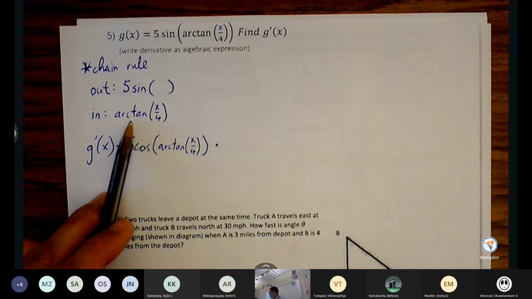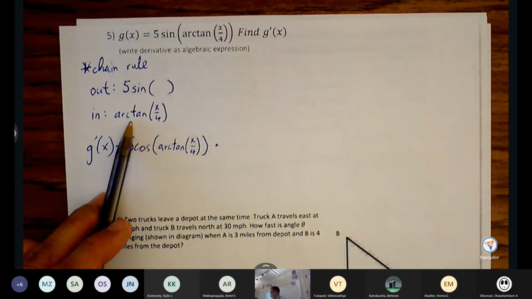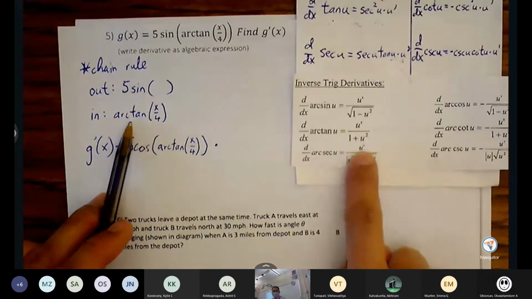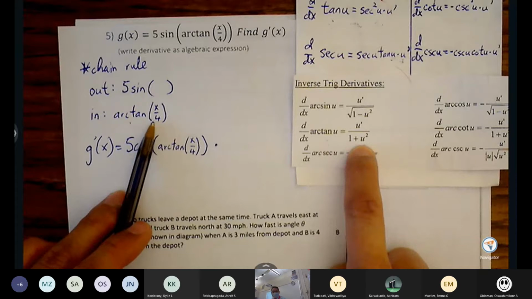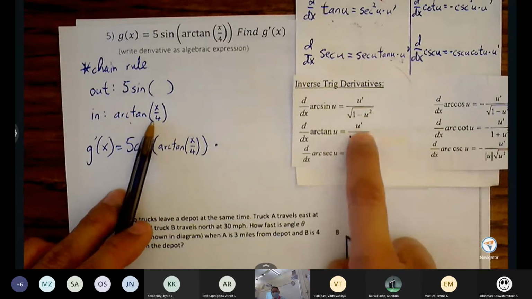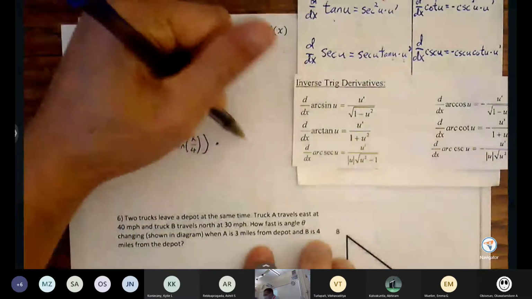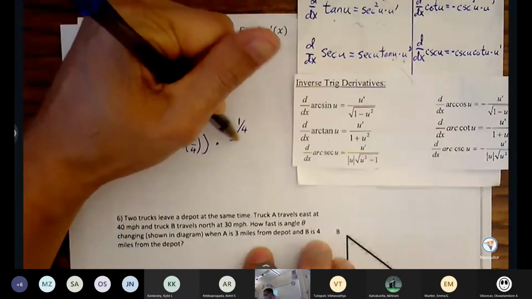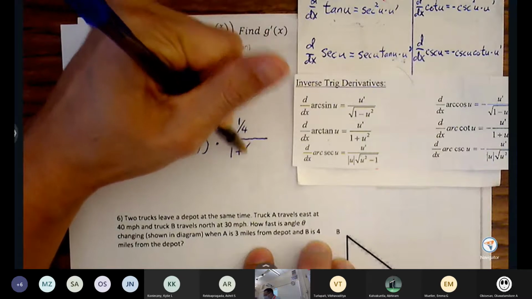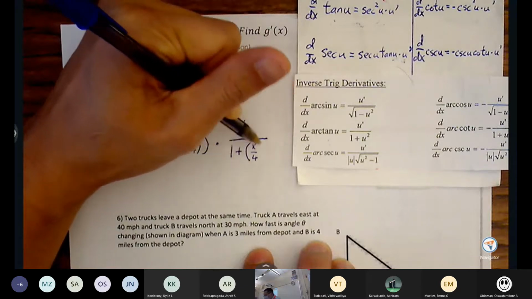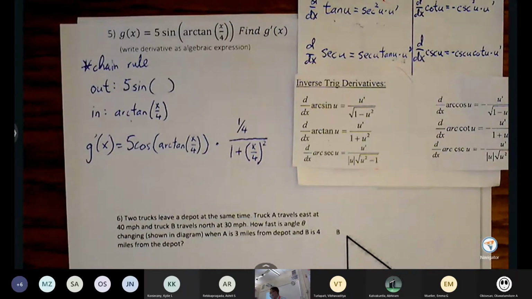The derivative is u prime over 1 plus u squared. Okay, so the derivative of 1/4 x is just going to be 1/4, over 1 plus u squared.